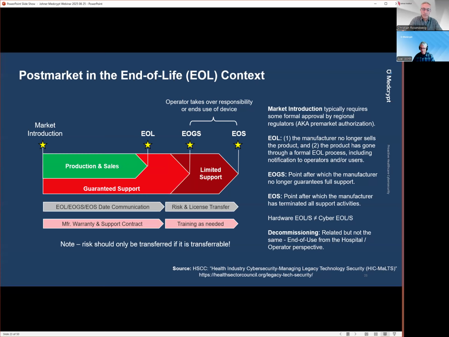If it is not possible for the operator of a device to continue to maintain the device and provide a sufficient level of control over the device's security posture through, for example, firewalls and network architecture, then I think the concept of risk transfer becomes challenging. But again, every device is different and we need to consider each case separately.